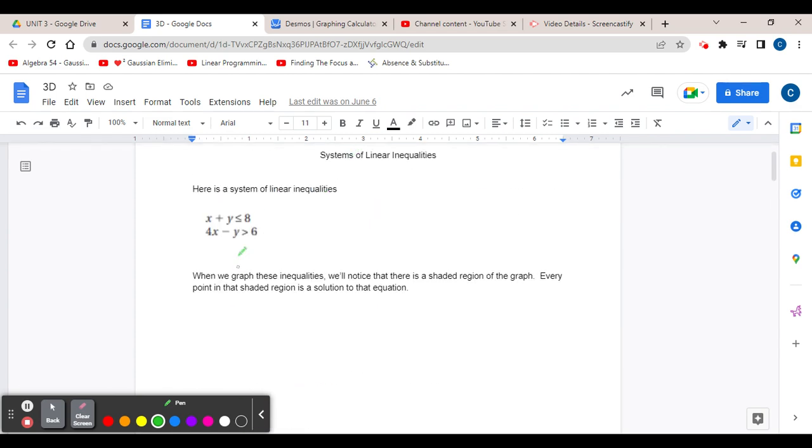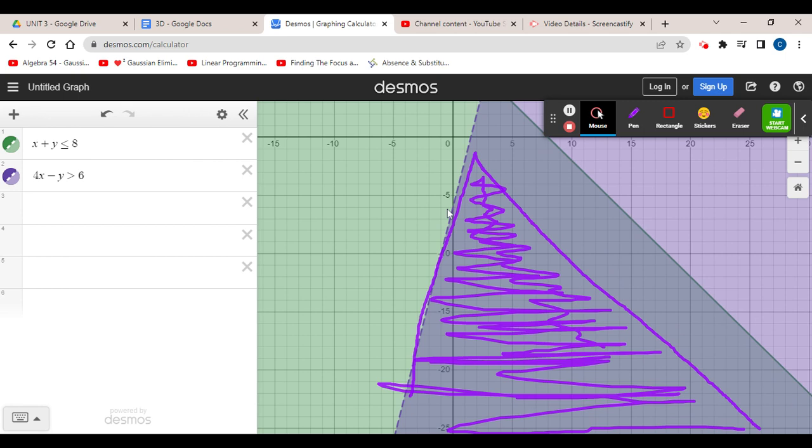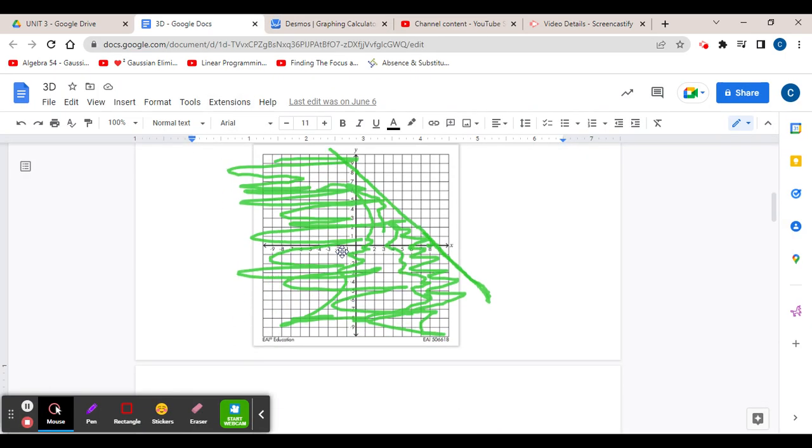And we had 4x minus y greater than 6. That was our purple one right there. Here we had a y-intercept of negative 6 and an x-intercept of 1.5.